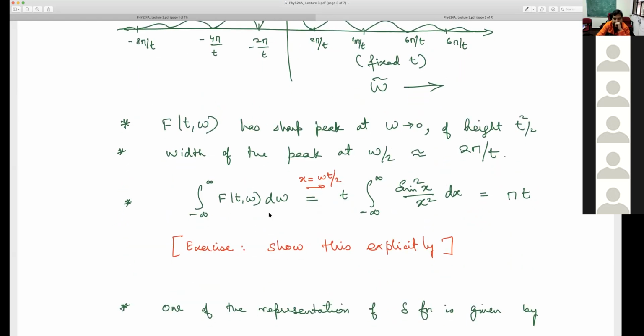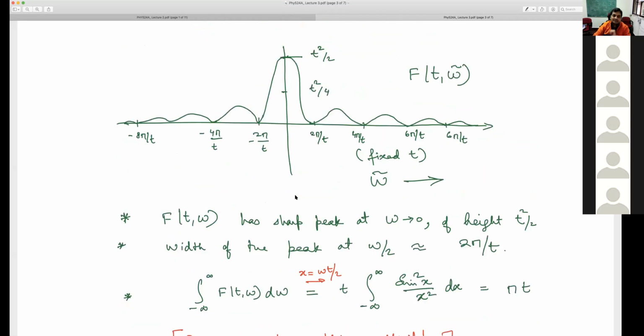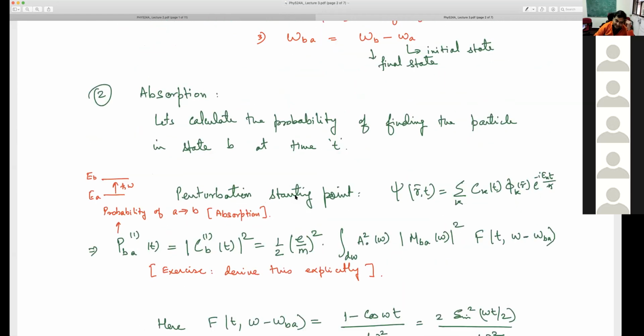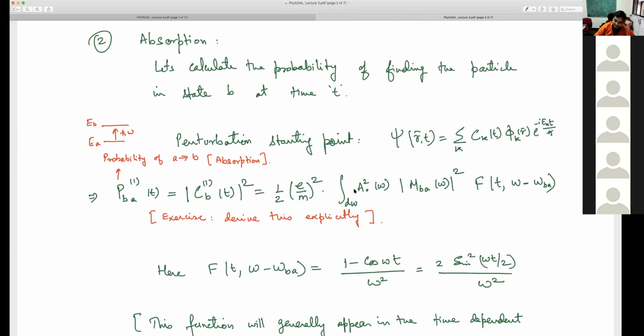Then this thing you can integrate. So f_t omega, I can integrate over d omega. And why do I need to do that? Because for calculating the transition probability, if you remember, I had f_t omega, and I will be integrating with a_0 omega and so on.